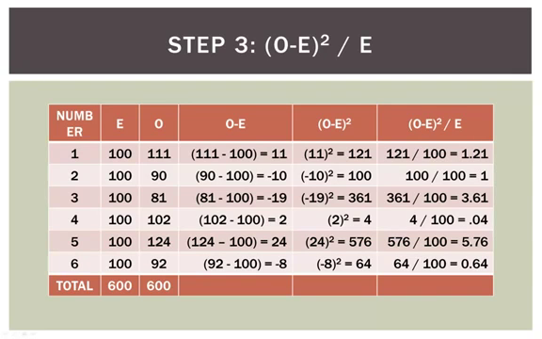For number 2, it's just, well, 1. And for number 3, we had 3.61. And for number 4, we had 0.04. And on down, 5 and 6. So that's step 3. Just remember, step 1 is subtraction. Step 2, we square that. And then step 3, we divide that by our expected, which in this case was 100, so it's very easy.